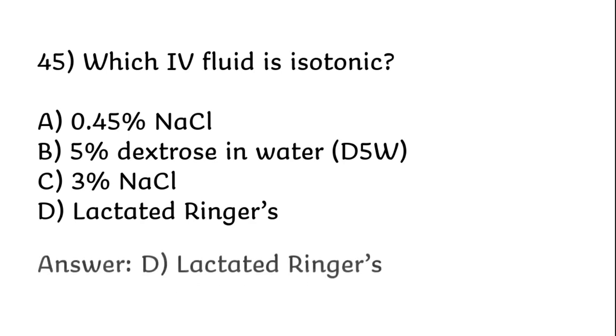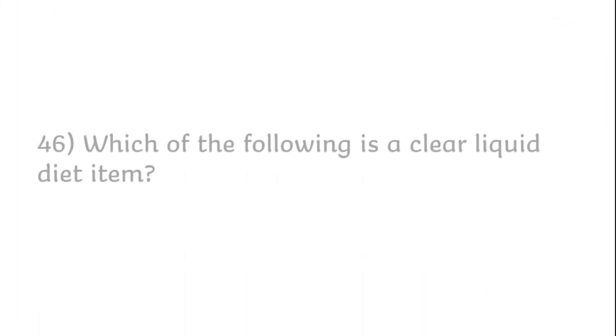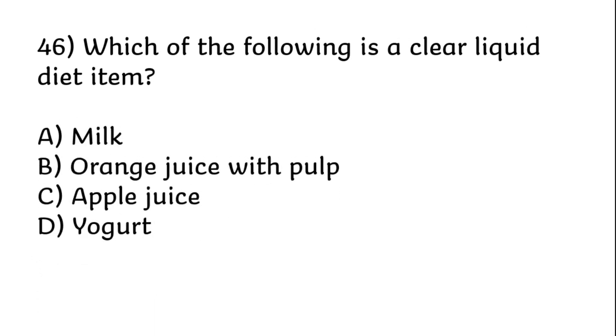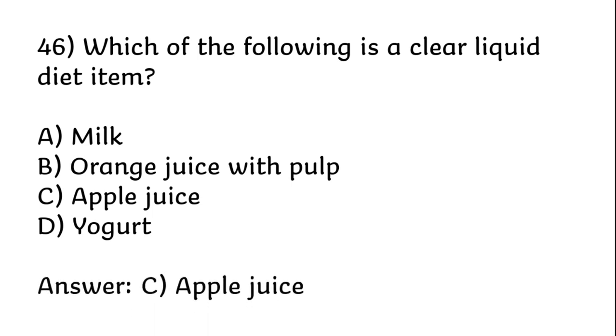Correct answer is option D, lactated Ringer's. Which of the following is a clear liquid diet item? Milk, orange juice with pulp, apple juice, yogurt. Correct answer is option C, apple juice.